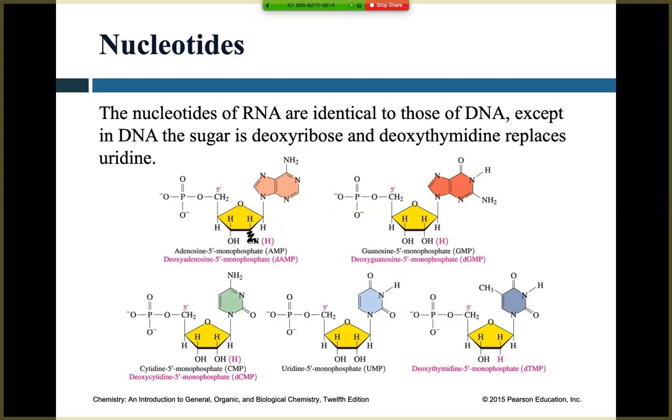And that's why, instead of having adenosine 5' monophosphate, we have deoxyadenosine 5' monophosphate, or dAMP, instead of AMP. I'll leave it up to you if you want to go through each of those structures later and see how the name changes depending upon the base and upon what's attached to the 5' position.